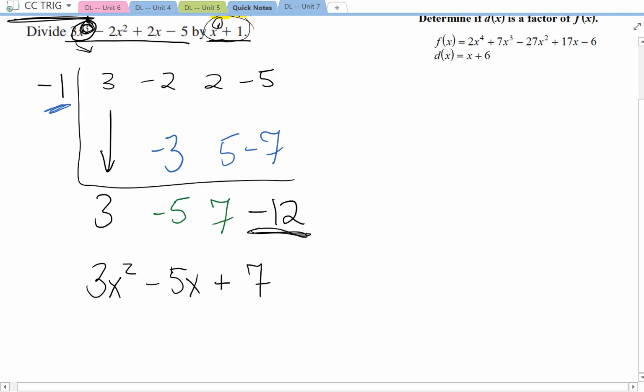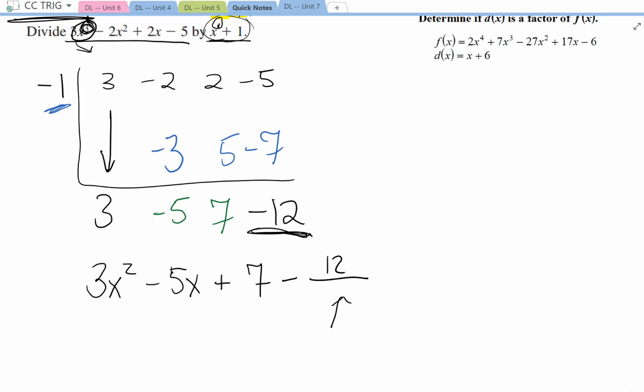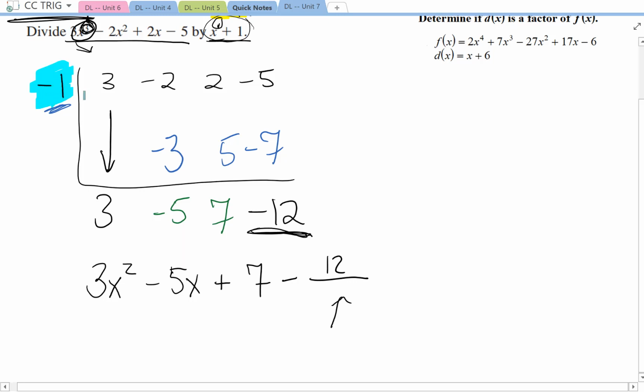And then our last number here is called the remainder. So we write this as minus whatever our remainder is, because our remainder here is negative, otherwise it would be plus. And then the denominator of the remainder is the divisor. Now, -1 is not the divisor. -1 is k.